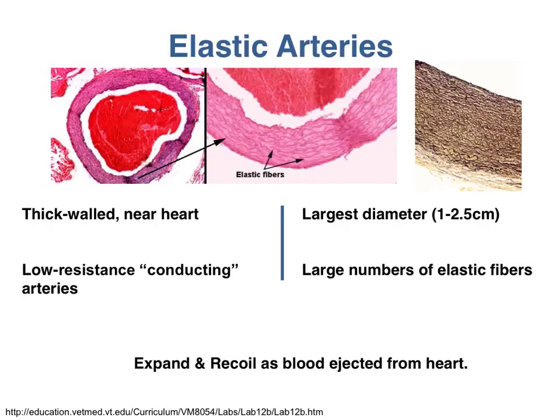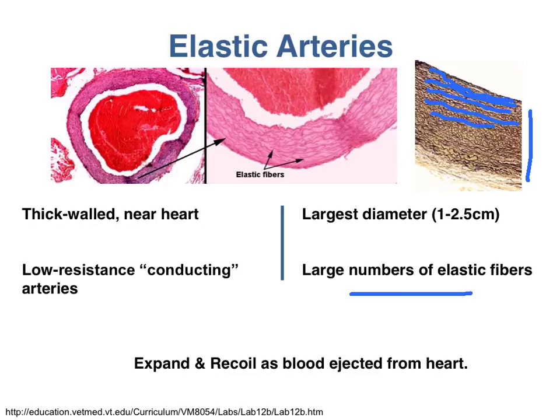These arteries are called the elastic arteries because they have large numbers of elastic fibers in them, which you can see here. In this image, all of these little black lines running through the tunica media are sheets of elastic fibers called elastic laminae.